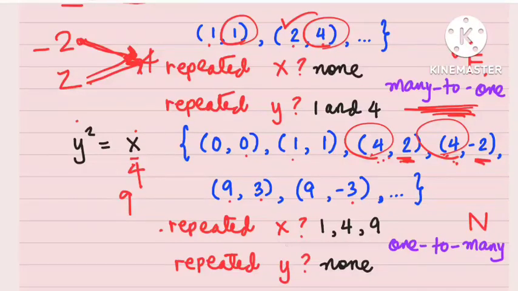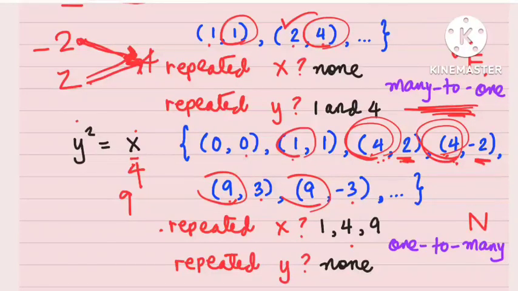Are there repeated values in x? Yes. 4 and 9. 1 as well. I forgot to write here 1 and -1. Are there repeated values in y? None.